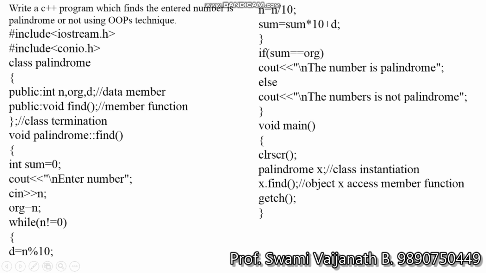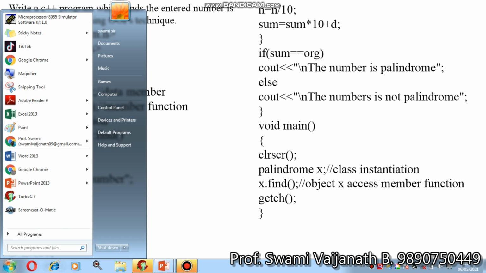Here the function is executed from palindrome x, which is called class instantiation. The object identity is x, and object x accesses the member function find. x dot find, where x is the object and find is the member function, are separated by a dot sign. Let's see practically.